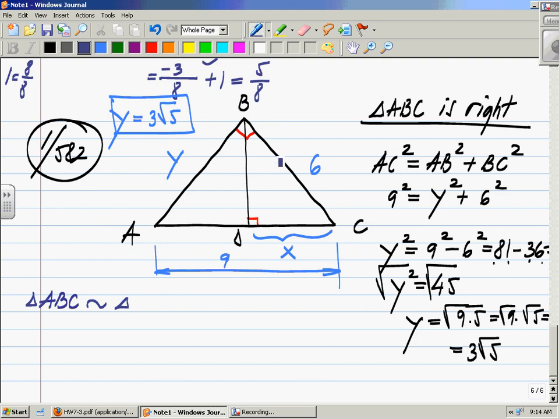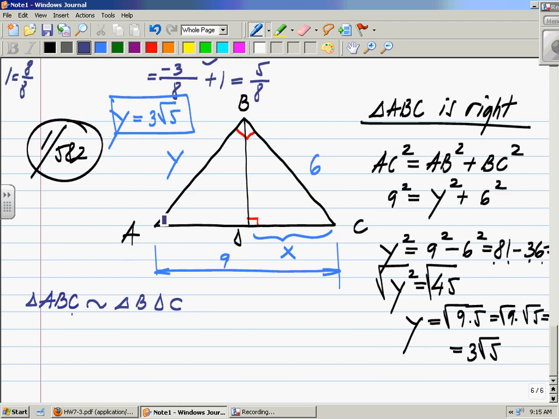I'm looking at this triangle here, BDC, but I'm not sure in which order I have to write these vertices, such that the two triangles will be similar and I will write the similarity in the proper order. But I know C has to be the last one, and in the middle I will have the 90-degree angle, and that will be D. So this is the statement you have to write.